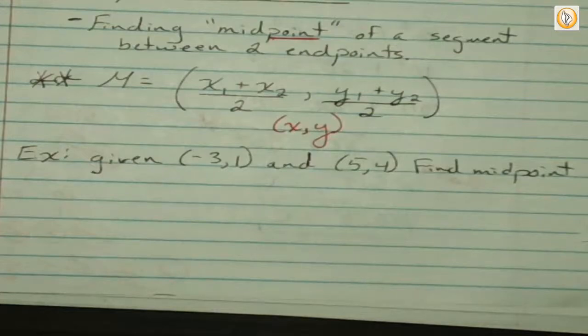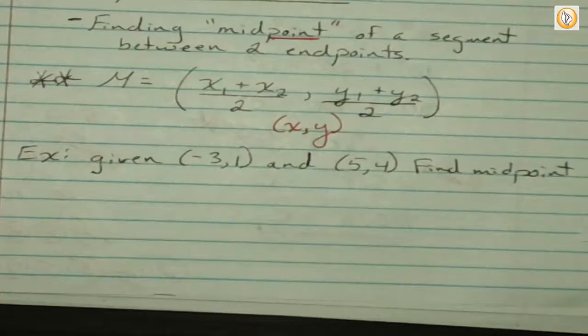Unfortunately with this, I've had students that will graph this line segment and try to find the midpoint. It doesn't work. And the reason is there's going to be decimals and fractions sometimes. When you're doing the slope in Algebra 1, a lot of times, just looking and counting, they're going to give you a definite point right on the crosshairs or the intersection. But when it comes to midpoint, it could be all kinds of weird places.